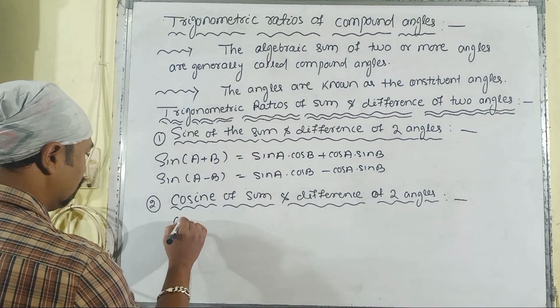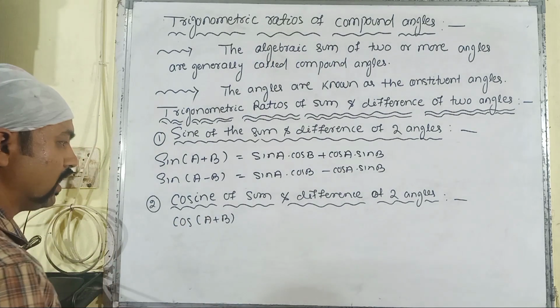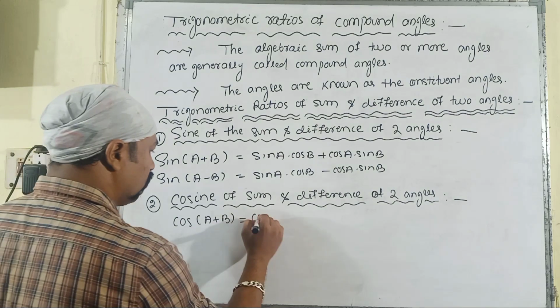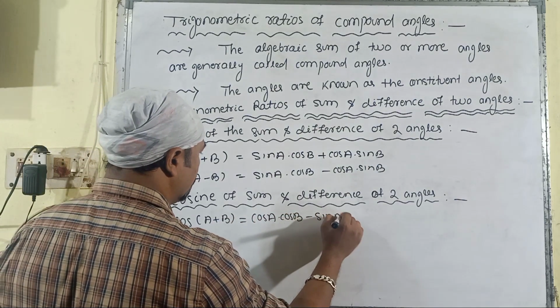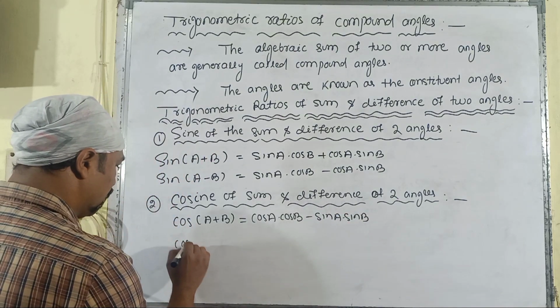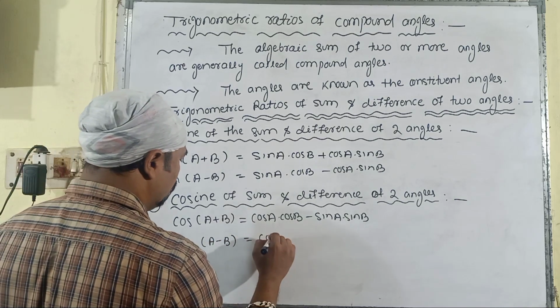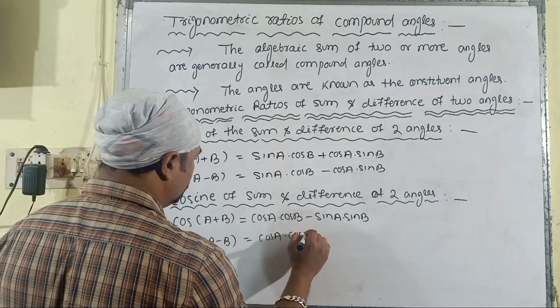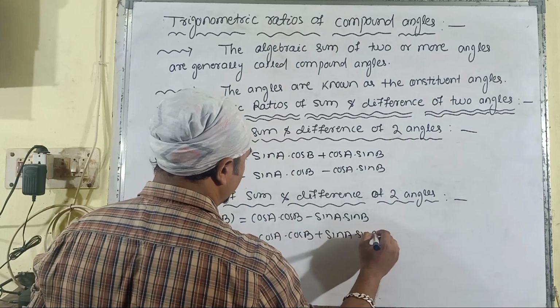The first one is cos(A plus B), the cosine of the sum of the two angles A and B. It will be cos A into cos B minus sin A into sin B. Then the second one, cos(A minus B) is equal to cos A into cos B plus sin A into sin B.